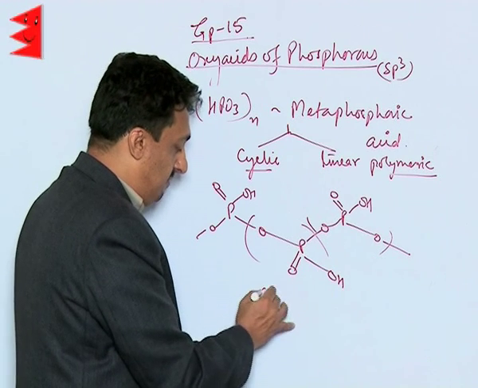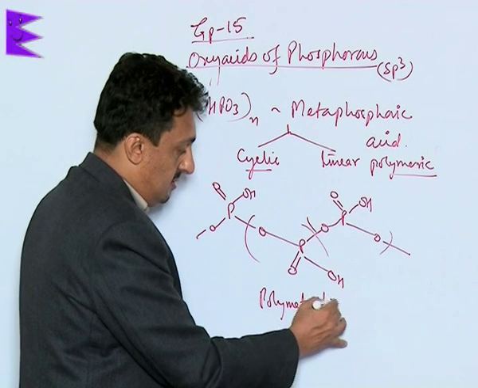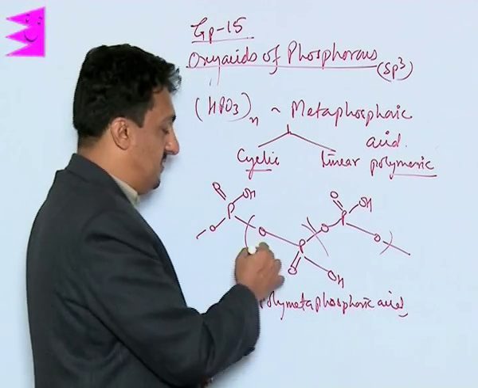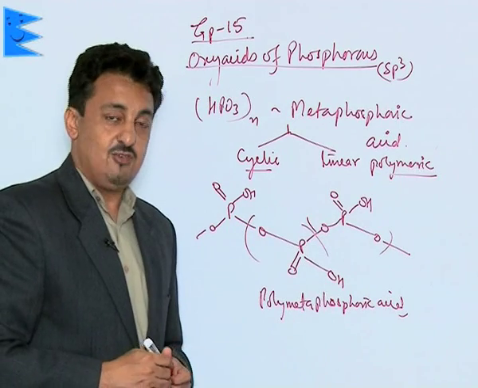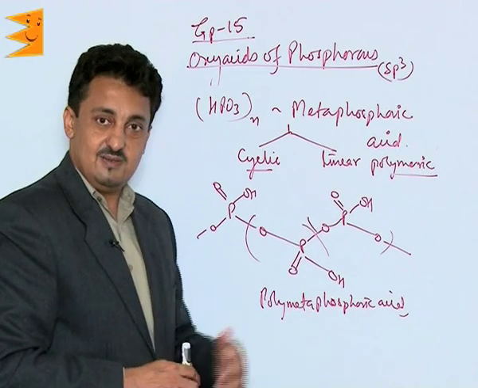We call it polymetaphosphoric acid, in which what we can see is that it is existing in the form of a long polymeric chain like usual polymers. So it's called polymetaphosphoric acid.